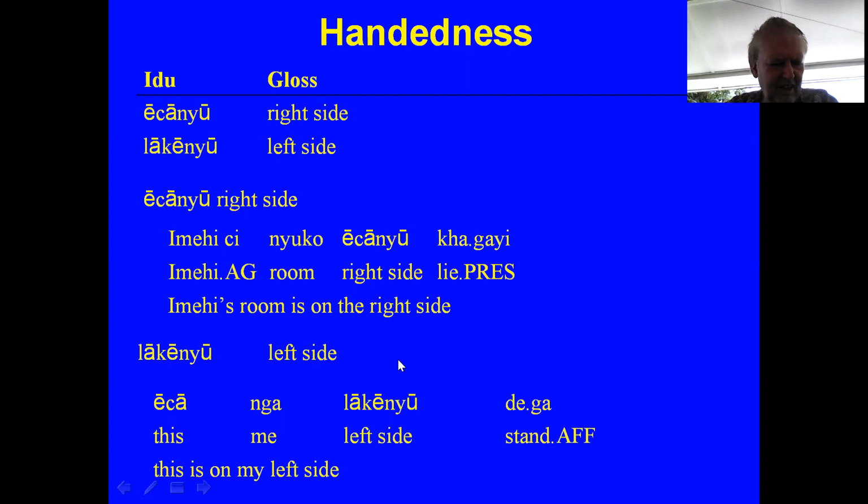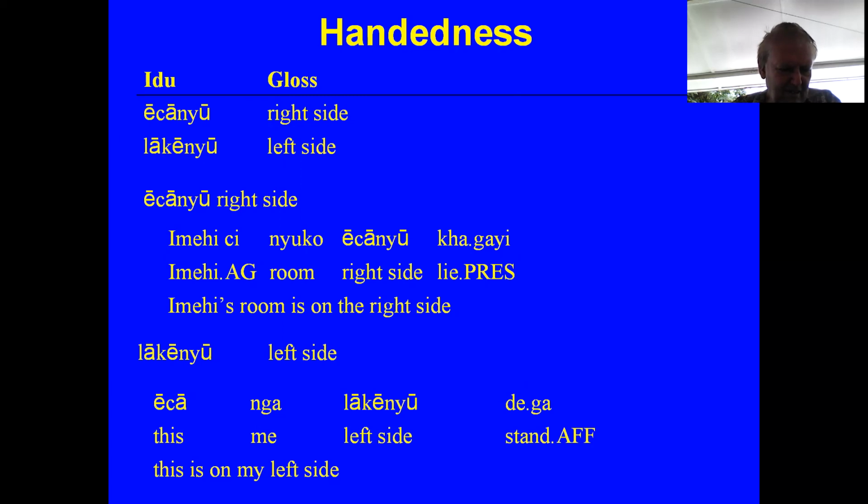And finally, Edo has obviously the concept of handedness, the right side and the left side, and these are pretty much similar to English.